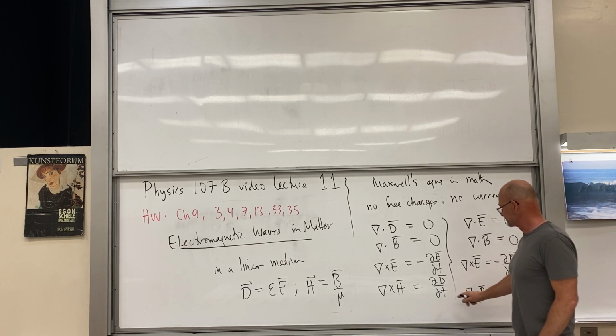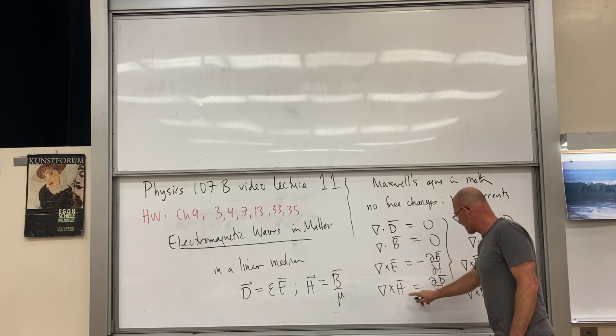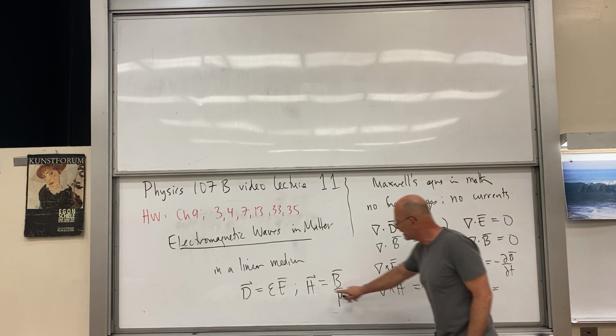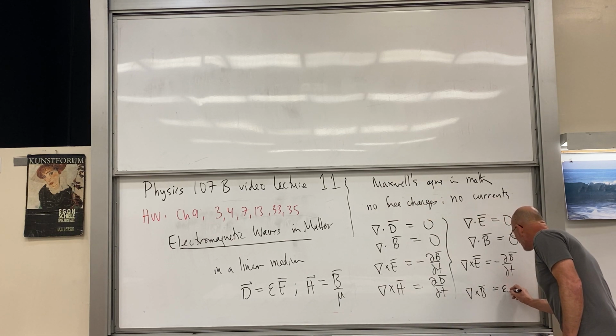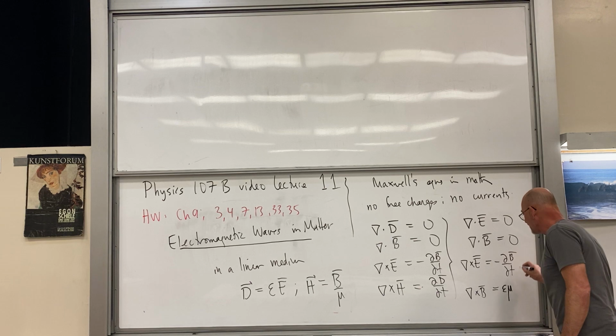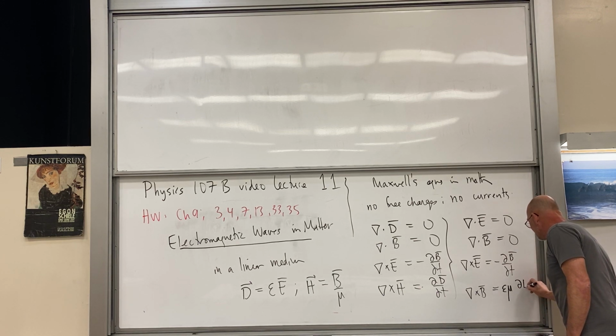We have the E over mu, so that's divided by mu. That's going to cross multiply over D. So we have an epsilon mu, and dE/dt. Okay.